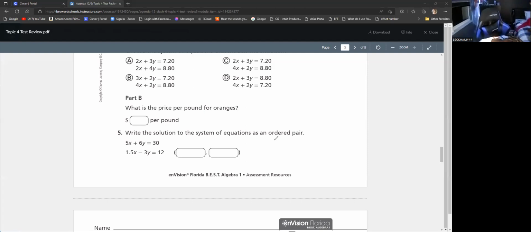Rewrite the first one, then write the second one underneath, just multiply by 2. You're not changing the first one. Leave the first one as is, and then multiply the second one by 2.